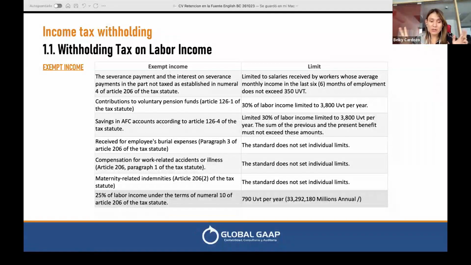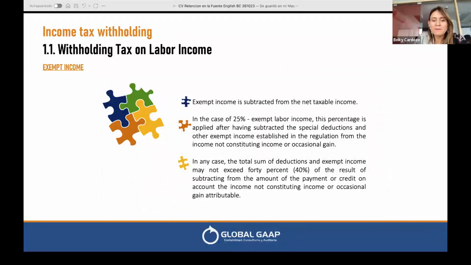So you kind of double save on your taxes if you use this strategy. That is important. And then all the compensations related to illness, to maternity, or, for example, some labor income that you get because somebody in your family sadly died, that income won't be part of the income that is taxable for the purpose of the withholding tax. So super interesting, that part.